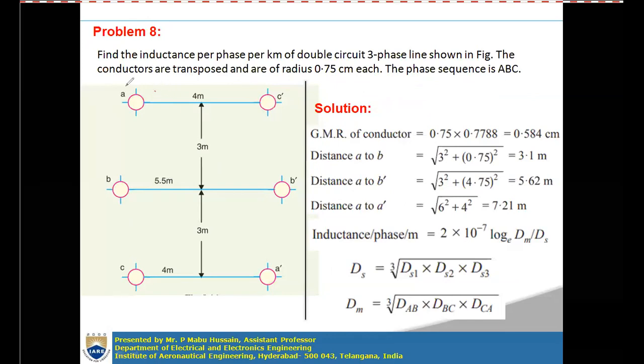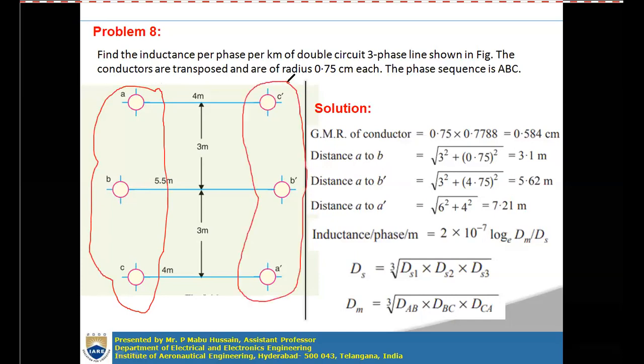This is one set, A, B, C, and this is another set of three phases. So you have two sets, or you can say this is one circuit and this is another circuit. In total it is a double circuit three phase transmission line.